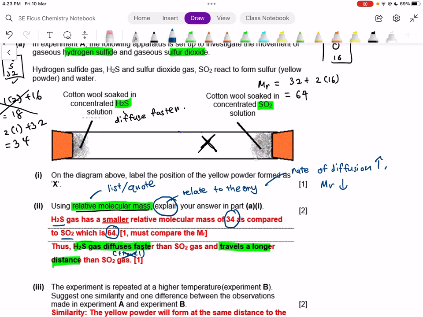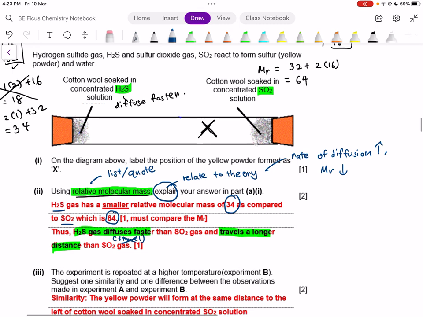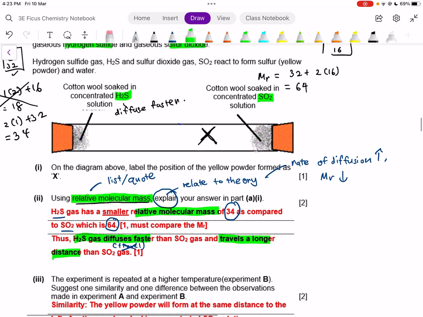I can use short form, you cannot use short form. So I use Mr, but when you explain, write out the full thing, relative molecular mass, and then list out the figures. That one is important, you must list. Some of y'all never list, then unfortunately no marks for you.